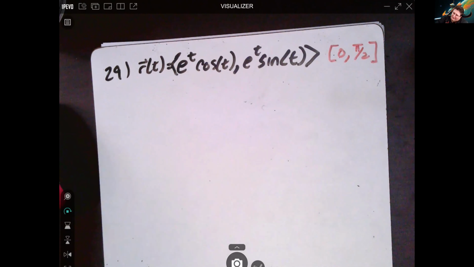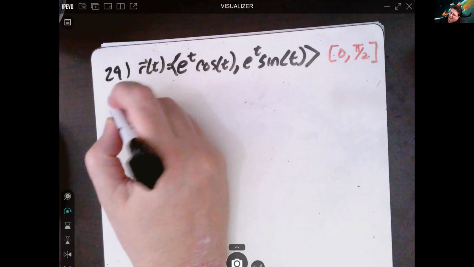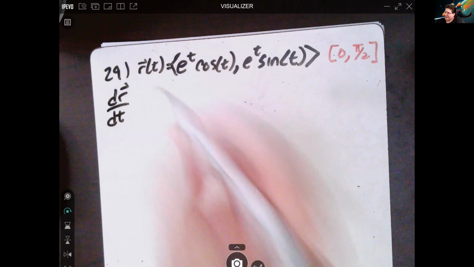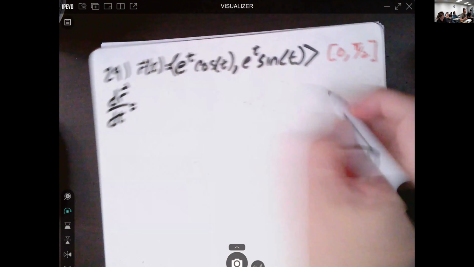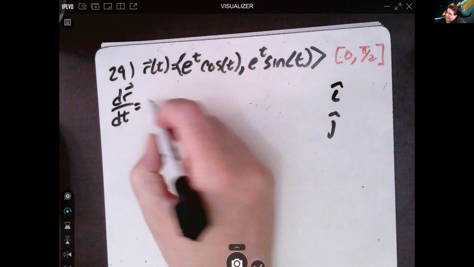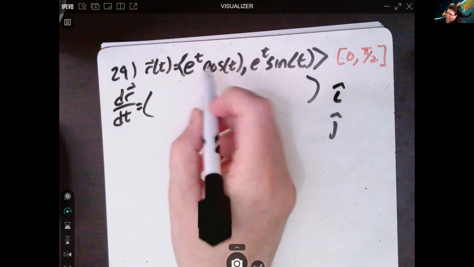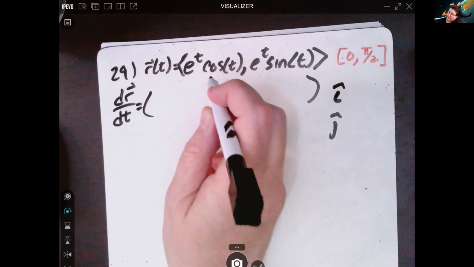More power. All right. What do we need here? We need dr/dt, right? Let's see, I'll do our I component, J component separately. First we take, I know the book always does the derivative of the second one first. I think that's idiotic at best.